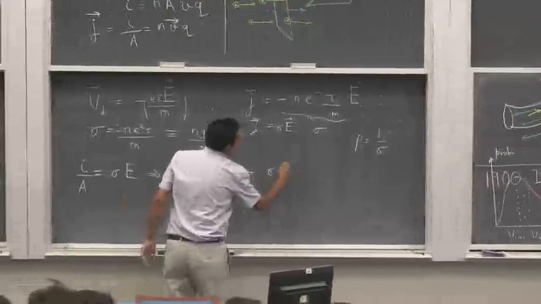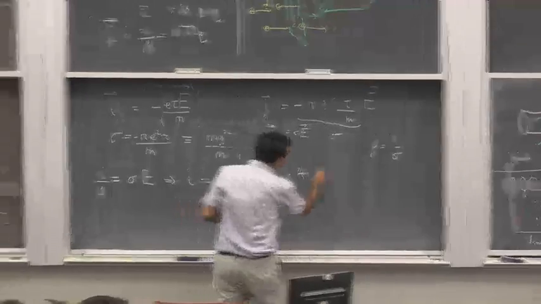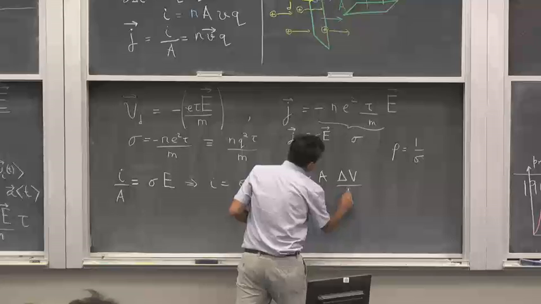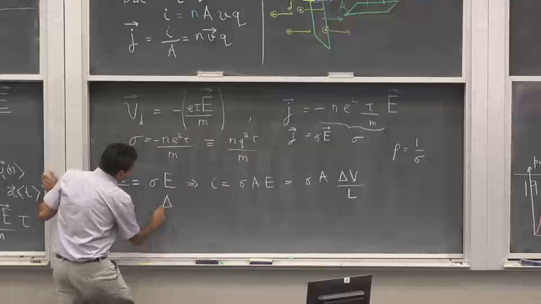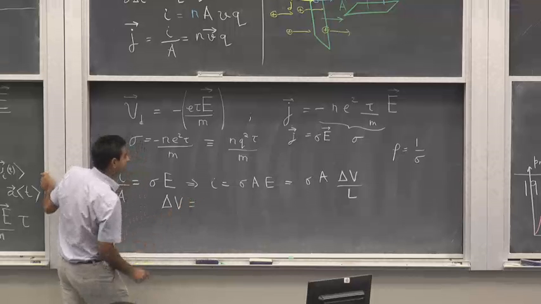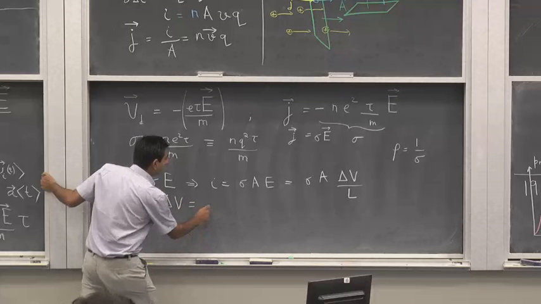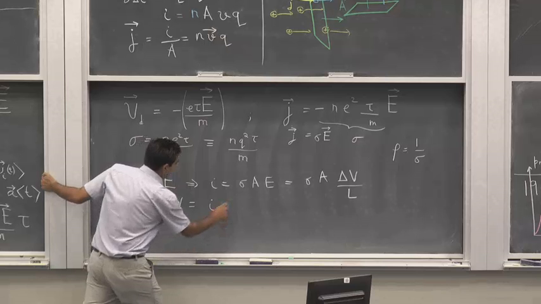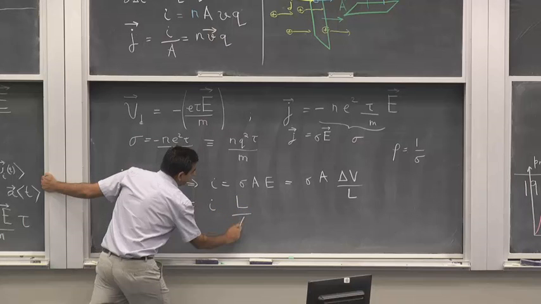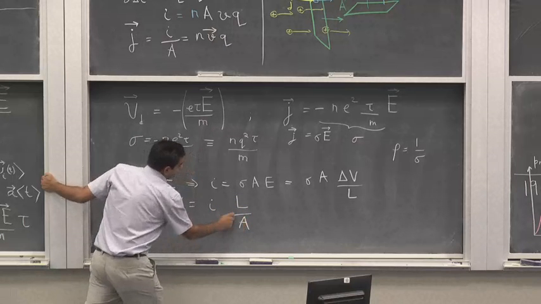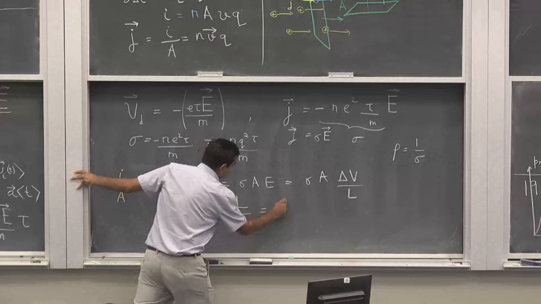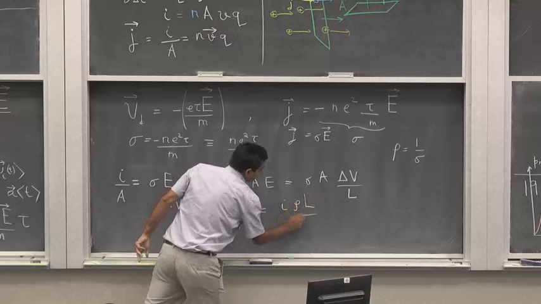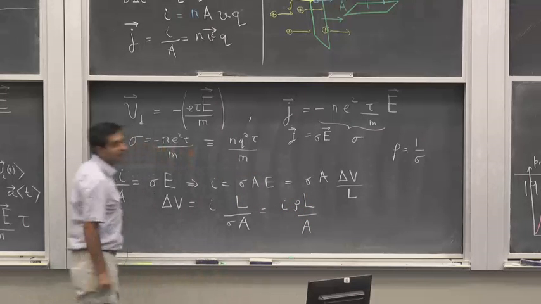So I have sigma A, and the electric field is the potential difference divided by L. Now delta V equals I times L over A times 1 over sigma, which is I rho L over A. Conductivity is just the inverse of the resistivity.